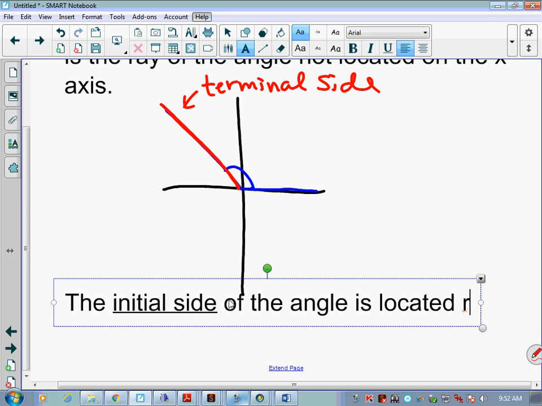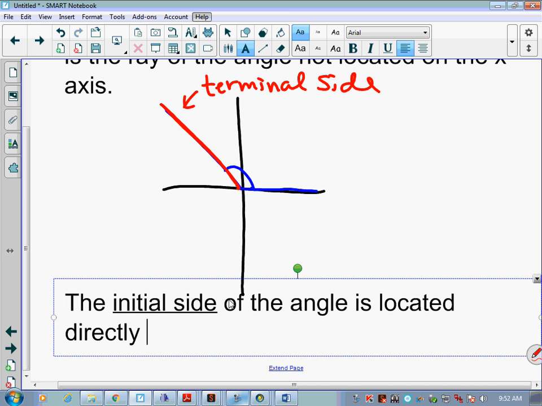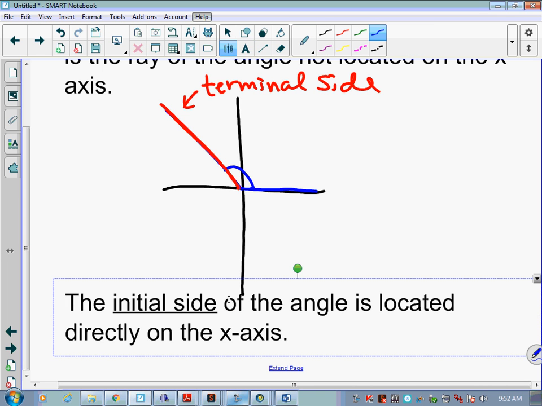So if the red line is the terminal side, which ray is the initial side? The blue line. The ray of the angle that stays on the positive x-axis is my initial side.